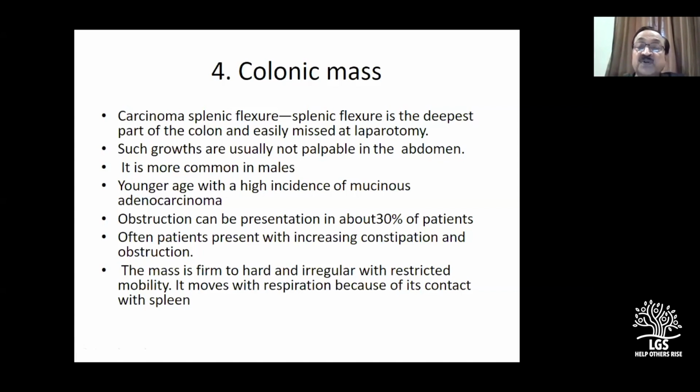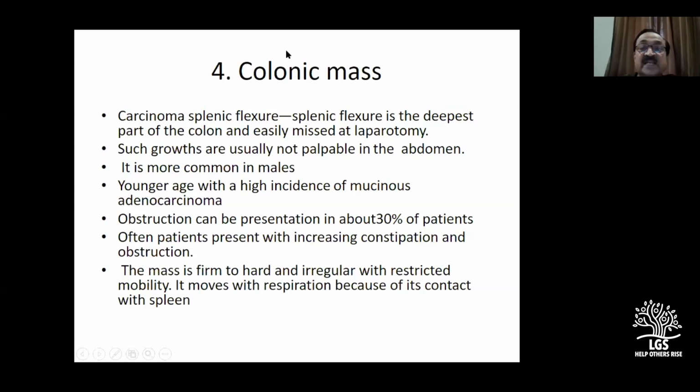So how to differentiate this? It is a little lower than the tail of the pancreas, and some amount of resonant note is possible. That is because after all it is colon, but if it is containing fecal matter, obviously a loaded colon, you will not be able to elicit that resonance at all.